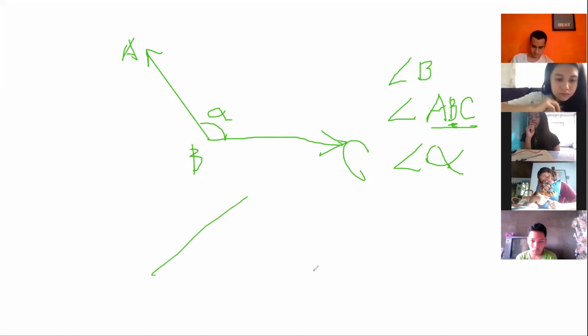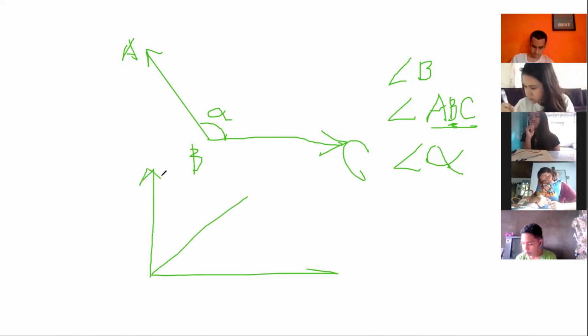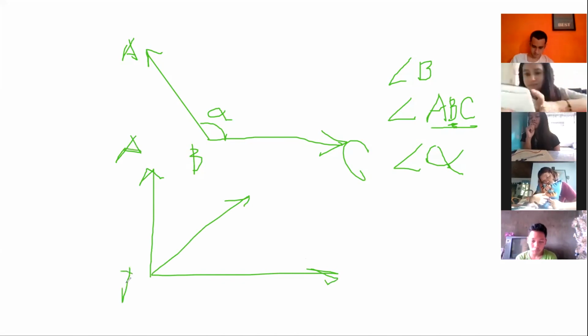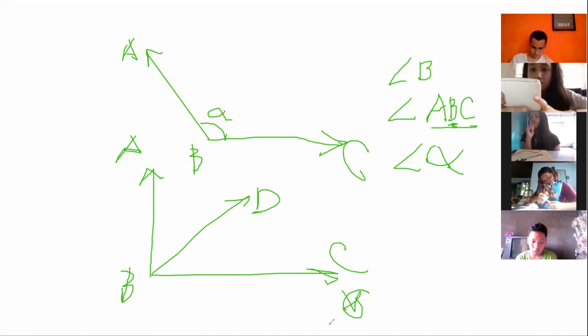But if there is an angle in between another angle, for example, this is A, B, C, and there's a segment that divides angle ABC into two more angles, you cannot name it as angle B alone.